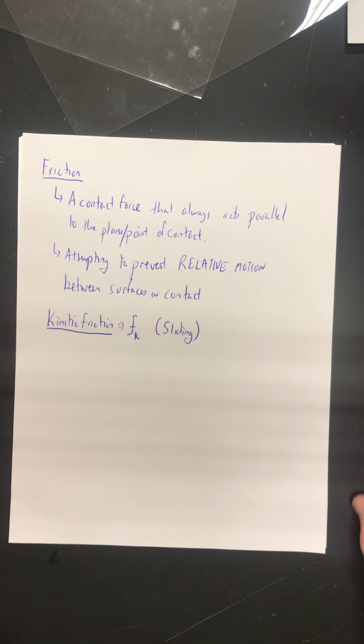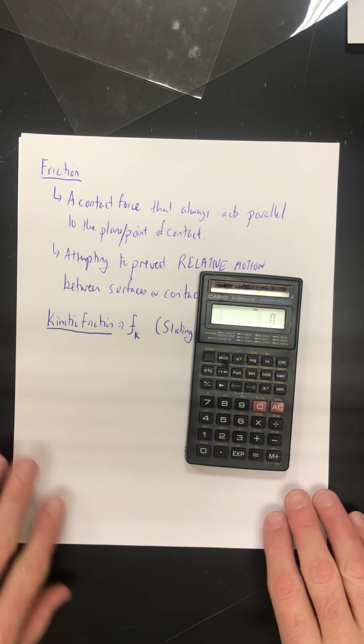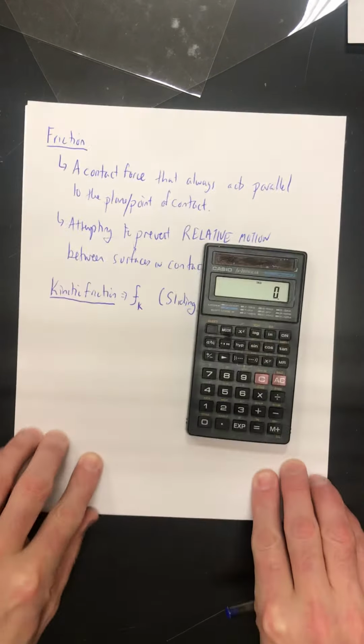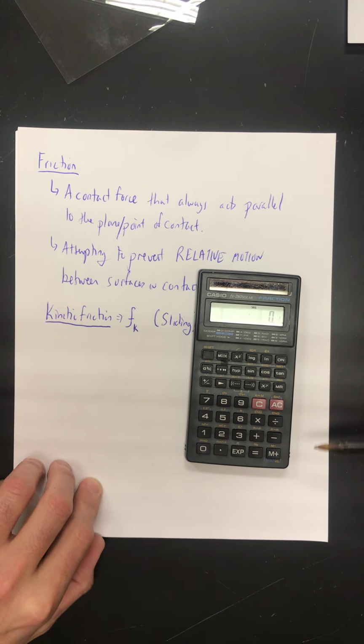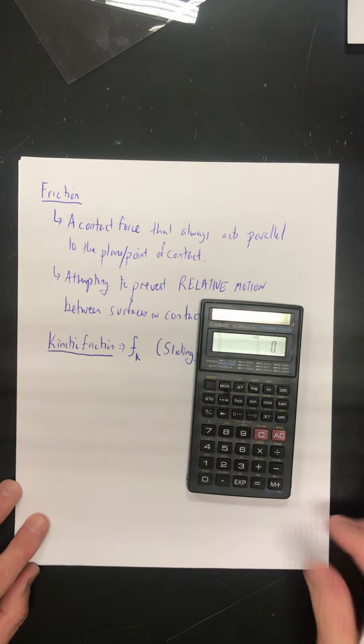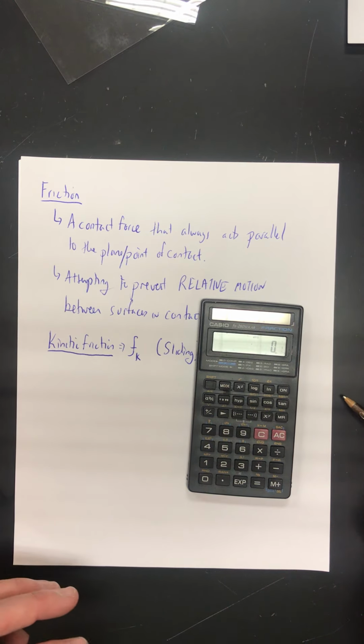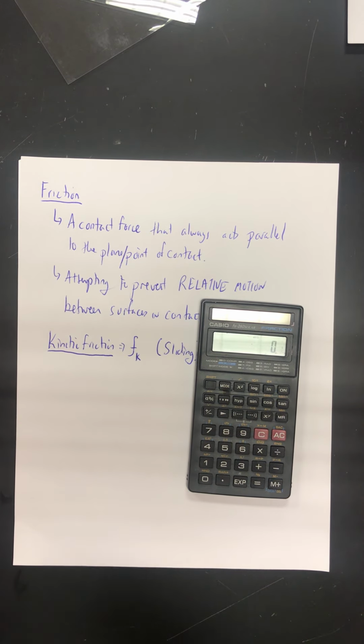So let's talk about what that distinction is. If I put my calculator on the piece of paper here and I move it, the calculator is moving with respect to the table, but it is not moving with respect to the thing it's in contact with, which is the paper. The calculator is not sliding; the paper with respect to the table is the thing that's sliding.